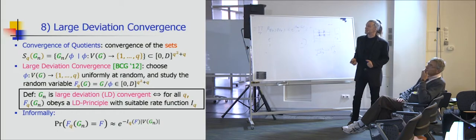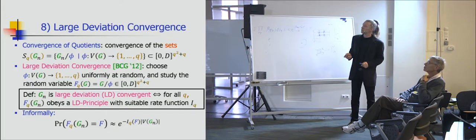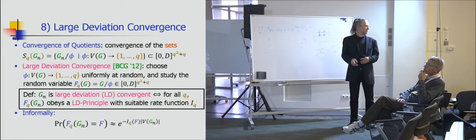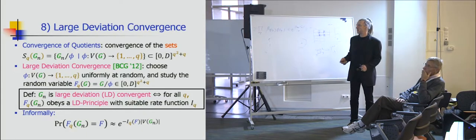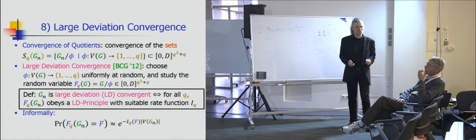So what does it mean to be large deviation? Informally, you fix some finite weighted graph F. Now you look at your random coloring and the probability that it happens to be F. In all likelihood, it's not, because you have exponentially many possible colorings, and who says it will have exactly 3% of the vertices green and 5% blue and whatever.